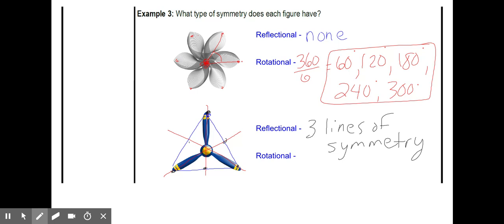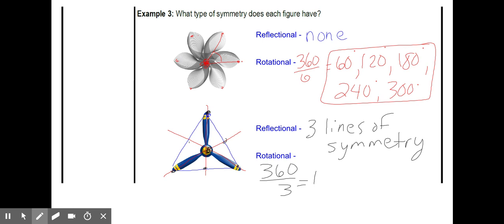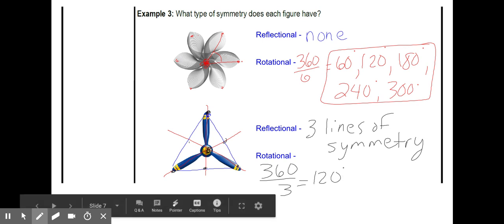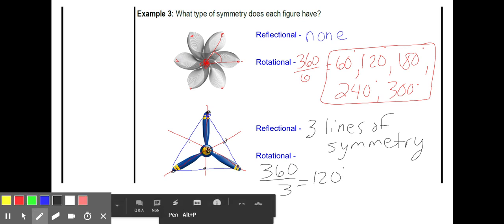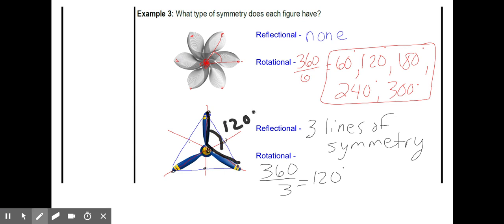Okay, if we look at our rotational symmetry, our center point would be our center of rotation, and we would take 360 divided by 3, which gives us 120. So that's one angle of rotation, right?